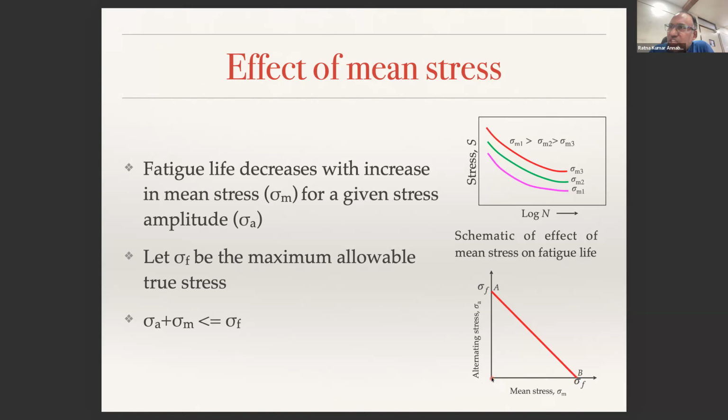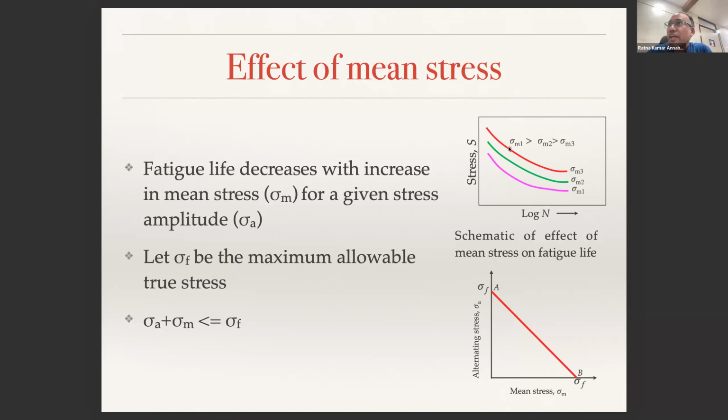Now, if you look at this particular graph, let us say I take a particular life here. Are you able to see that? For a given life, at sigma m1, the critical stress amplitude is that. That is the failure stress amplitude for that mean stress.